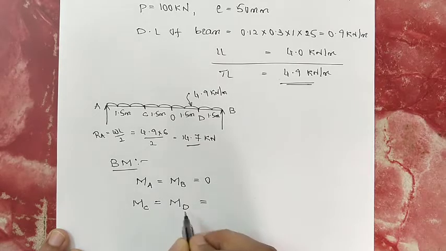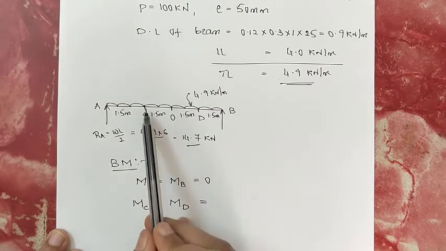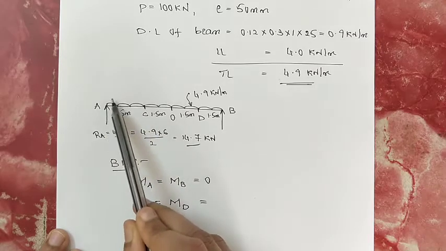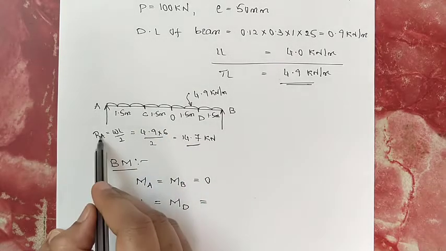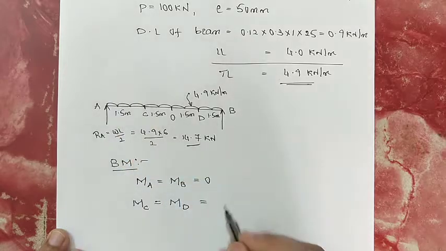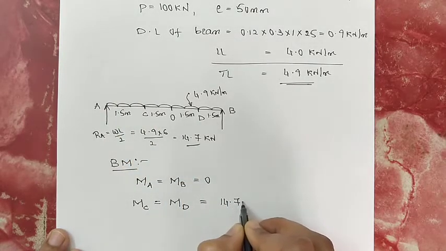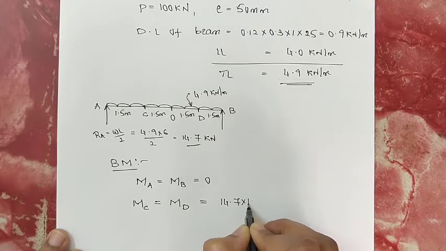That is MC equal to MD. Take moment about left of C, of all the forces acting about C. First is RA, which is rotating clockwise, so it is positive: 14.7 into 1.5.